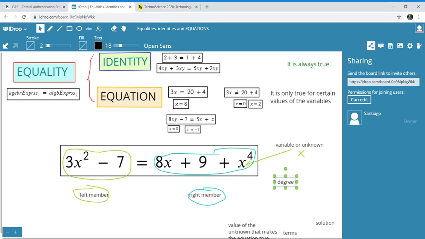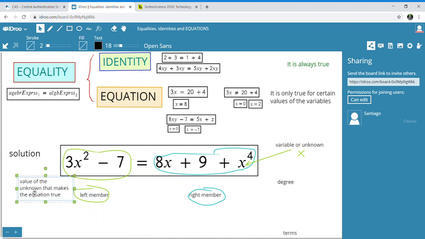And another very important part of an equation is the solution. What is the solution of an equation? To find the solution of an equation is to find the values of the variable that make the equality true.